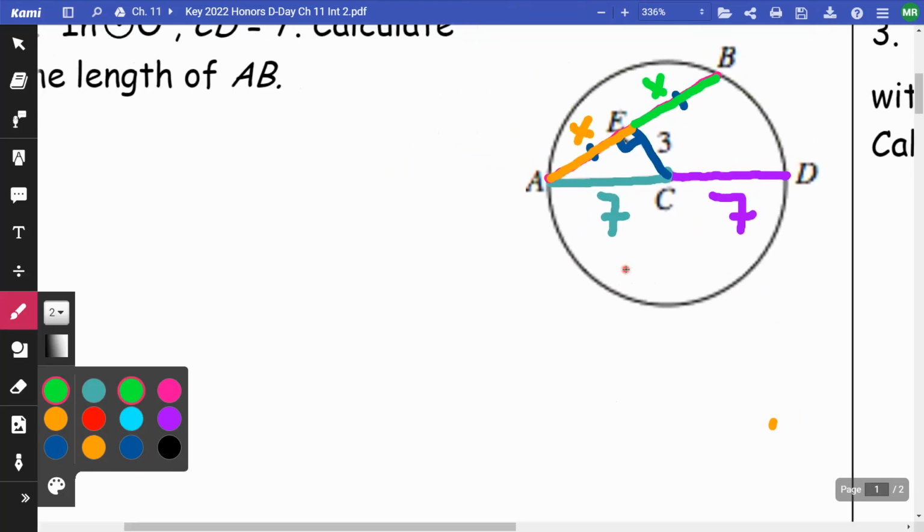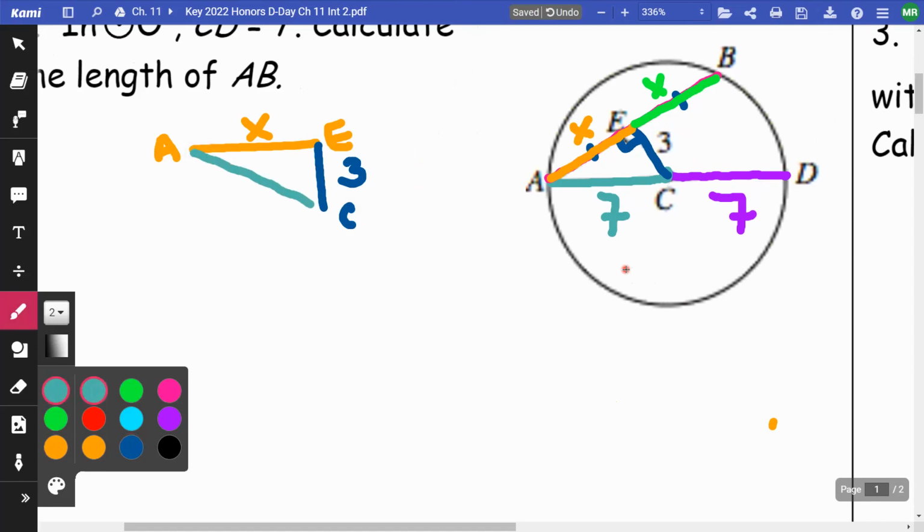So what you'll notice is I do have a right triangle. That is going to be my A to E, which I'm going to call X. This is going to be my E to C, which I know is 3. And then this right here, A to C, I know is 7. And this again is where my right angle is.